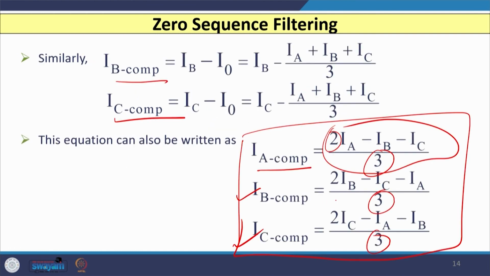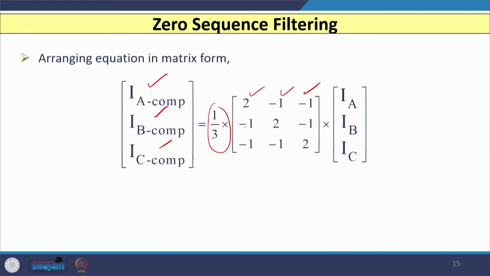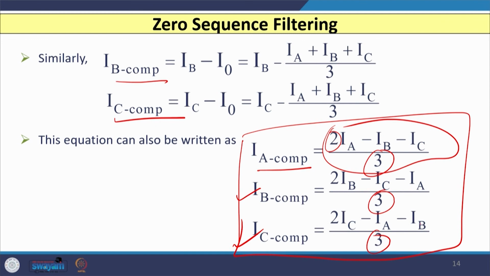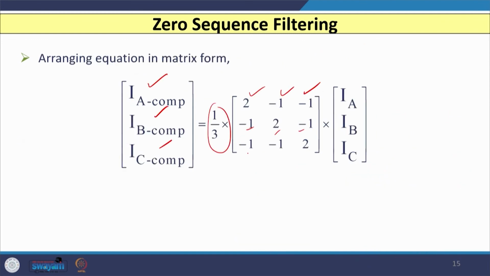In B phase you have minus 1, 2, minus 1. In C phase you have minus 1, minus 1, 2. This matrix is multiplied with your 3 phase currents IA, IB, IC. Using this you can easily compensate the zero sequence current in case of a digital relay.